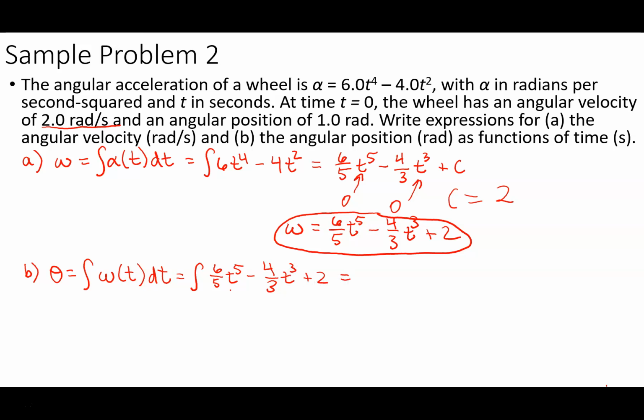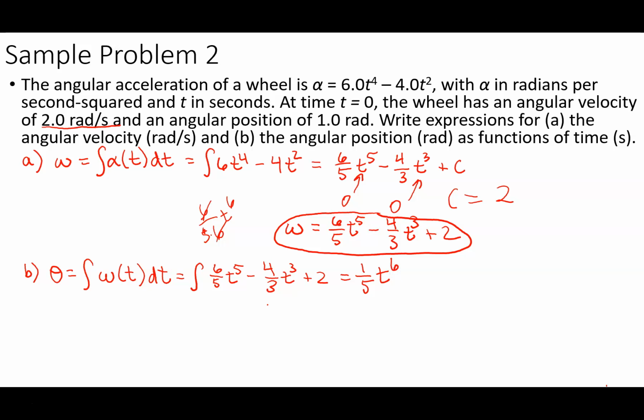So taking the integral of this here, it's going to end up being t to the sixth, and we want a 6 on the bottom here to make sure it cancels out. So we're going to have something that looks like that, but those two 6's will cancel, so it'll end up being 1/5 times t to the sixth.